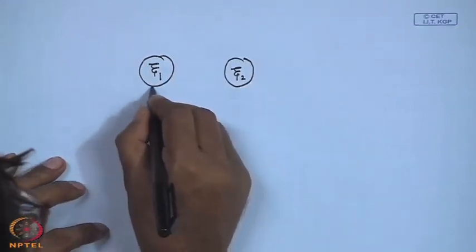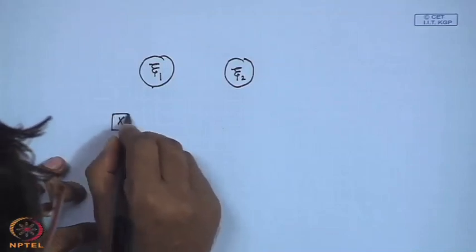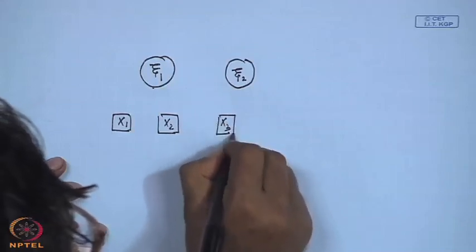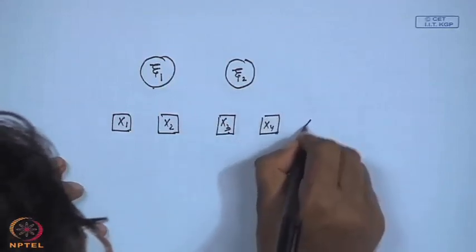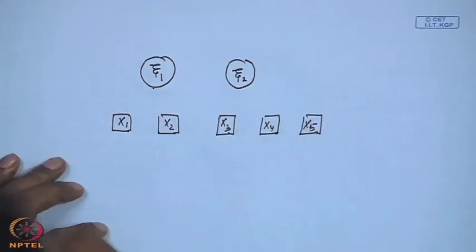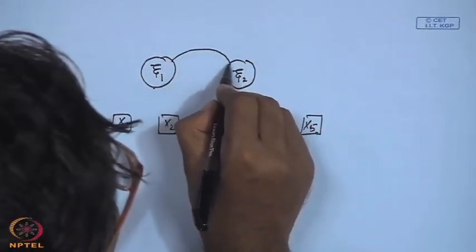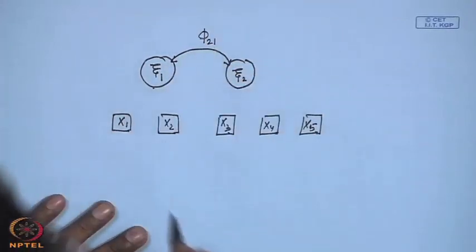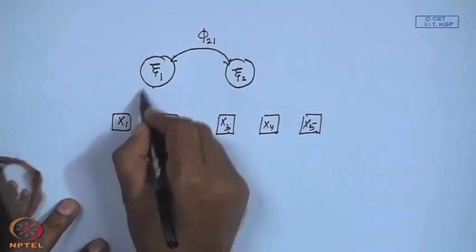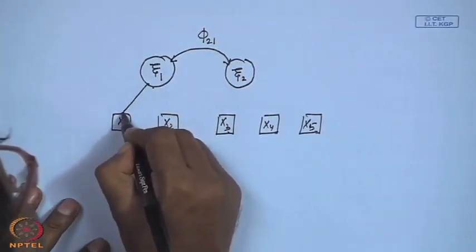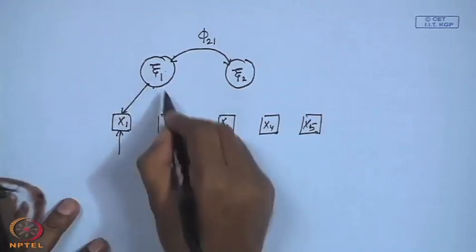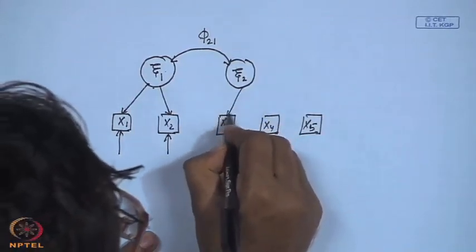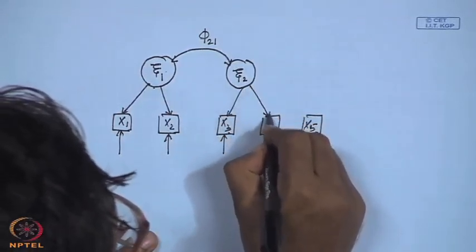Let the first one be related with x1, x2, and maybe the second one related with x3, x4 and x5. There is definitely covariance between the two, that is phi 2 1, and each of the observed variables is caused by xi1 and xi2.